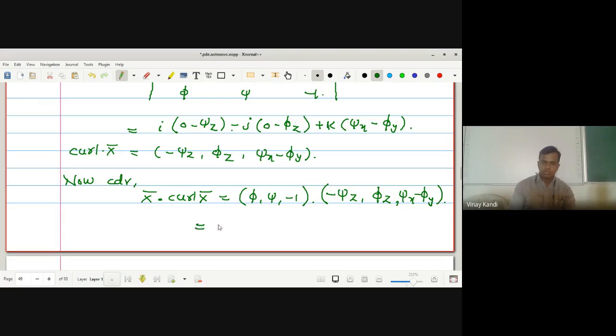Now taking the dot product of these two: minus phi psi z, plus psi phi z, and minus of psi x plus phi y, which is equal to 0. If x bar dot curl x bar is 0, then it is integrable. So x bar dot curl x bar is equal to minus phi psi z plus psi phi z minus psi x plus phi y, which is equal to 0.